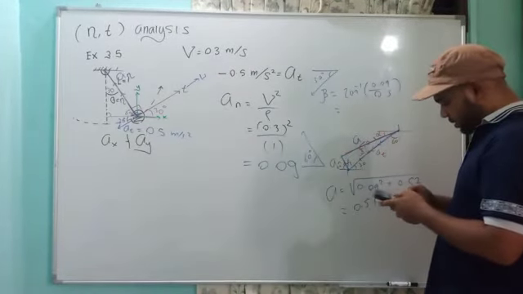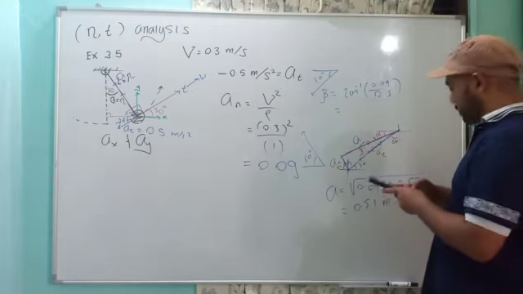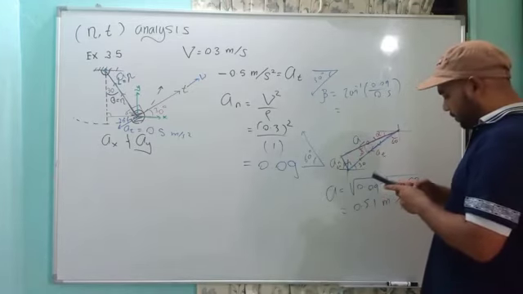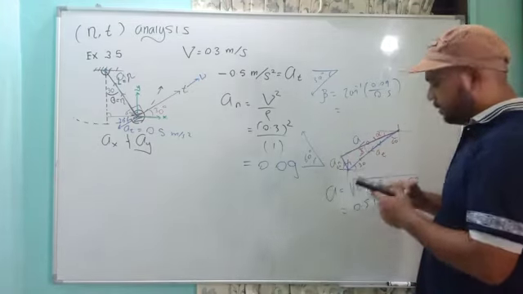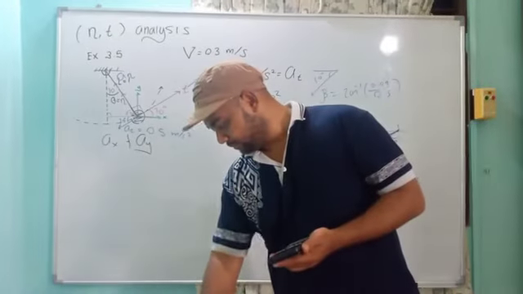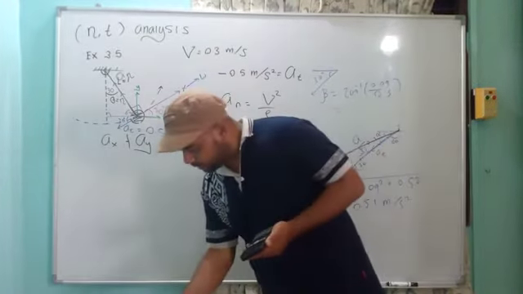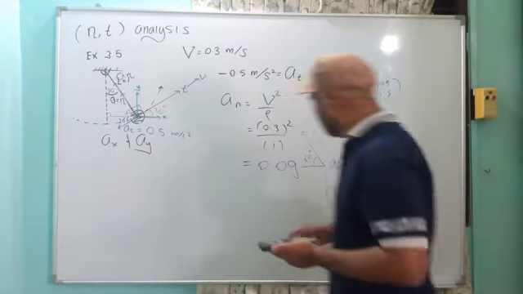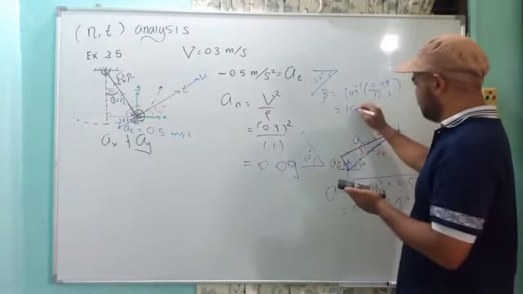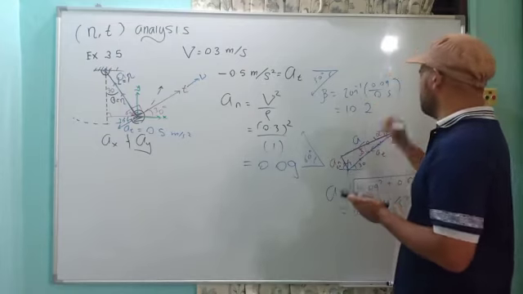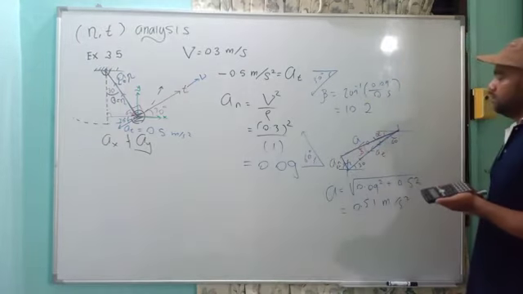Tangent inverse of 0.09 divided by 0.5, you have 10.2. Okay, so 10.2.